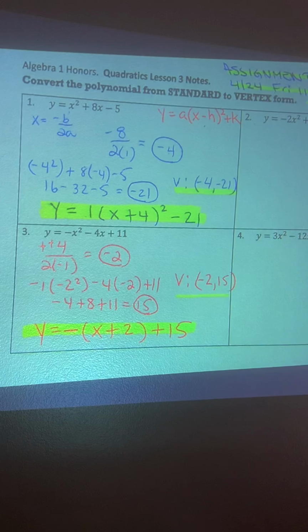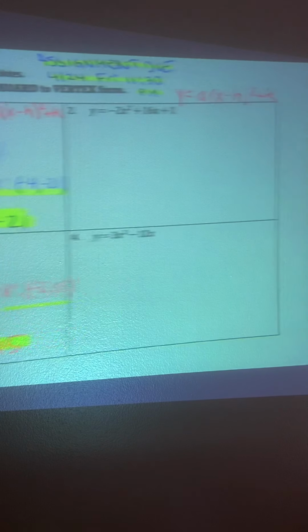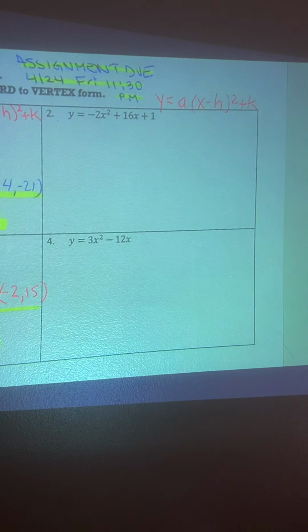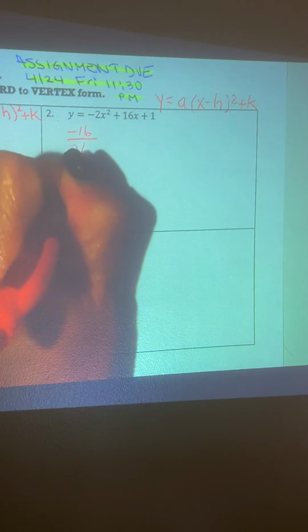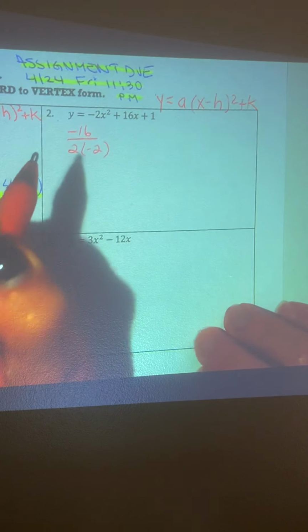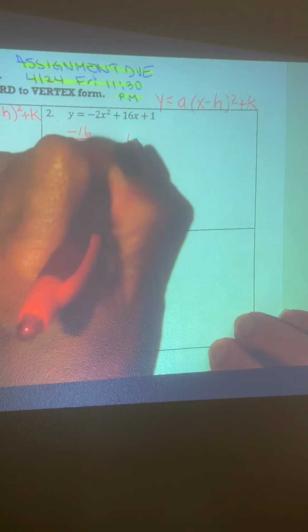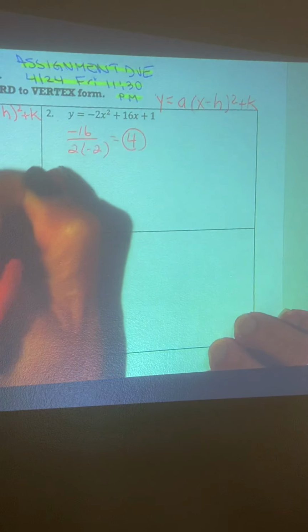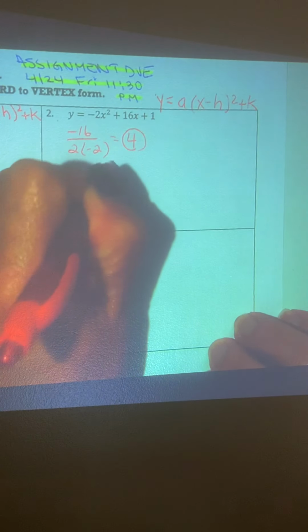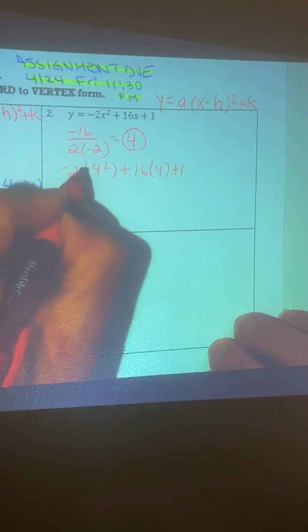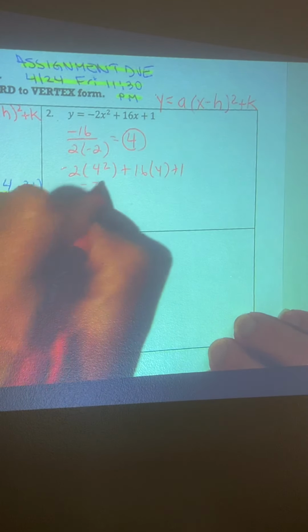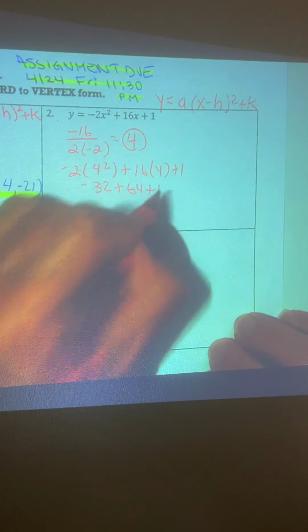All right, let's move it over. Negative b over 2a. Negative 16 over negative 4 is 4. Plug it back in: negative 2 times 4 squared plus 16 times 4 plus 1. 16 times negative 2, negative 32, plus 64 plus 1.